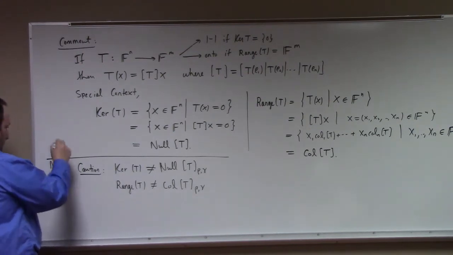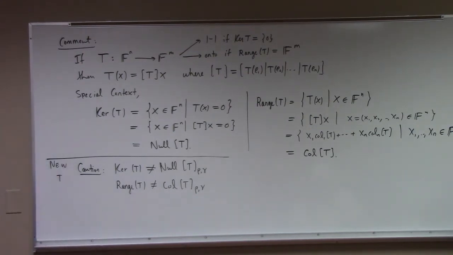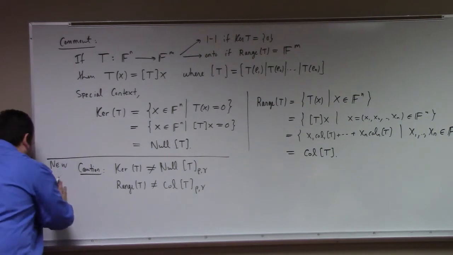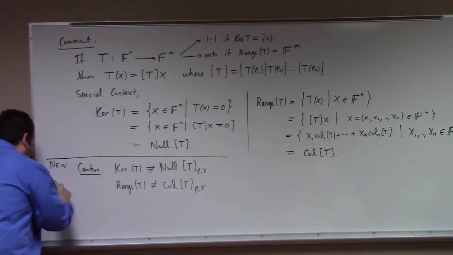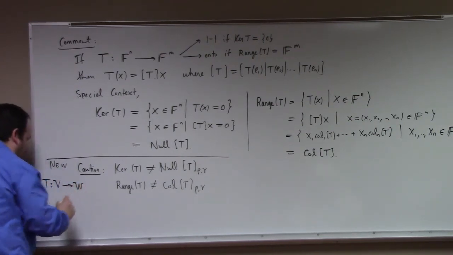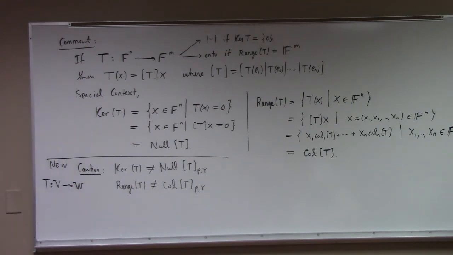New T below this line. Here I'm talking about T from an abstract vector space V to an abstract vector space W. Those are apples and oranges, right? The kernel is a subset of V, so it could be polynomials. The null space is always a set of column vectors. Are polynomials column vectors? No. These are objects of different type, right?